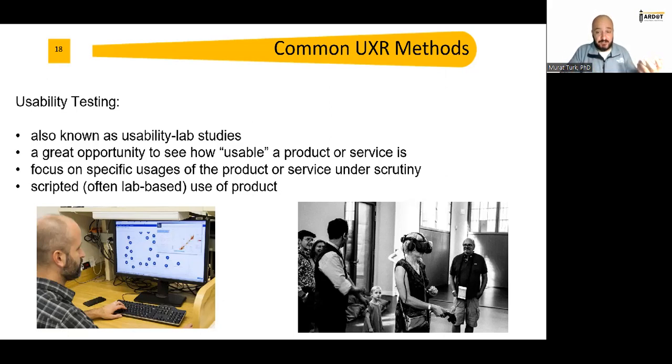Number 4, errors. How many errors do the users make while trying to complete the tasks? How serious are these errors? And how easily can they recover from those errors? And satisfaction. How pleasant or enjoyable is it for the users to use this product?